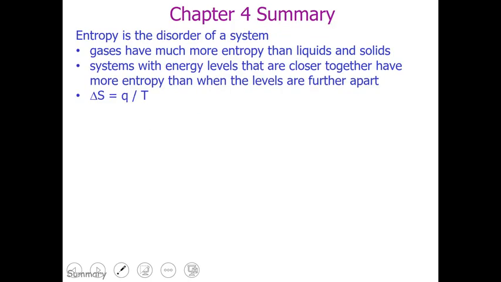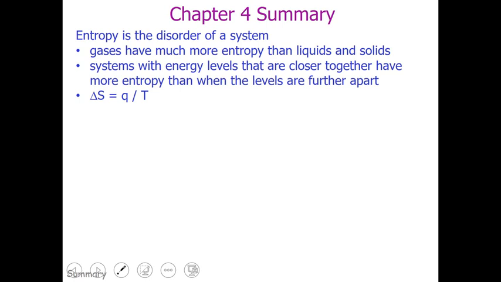So, to summarize Chapter 4, entropy is the disorder of a system, and we know that gases have much more entropy than liquids, which have more entropy than solids. We looked at some ways that energy could be distributed and found that systems with energy levels that are close together have more entropy than when the levels are further apart.